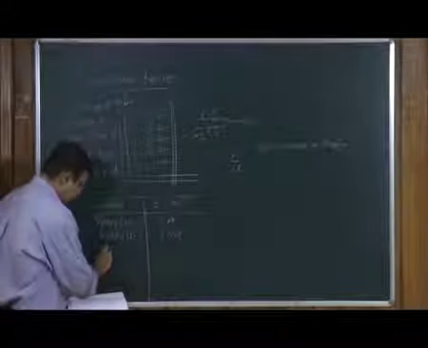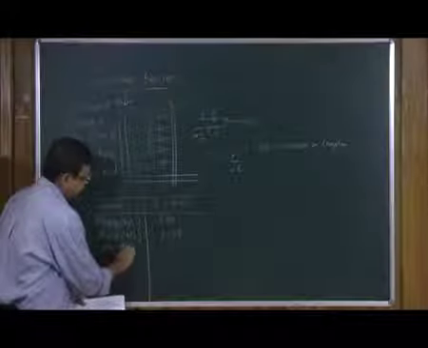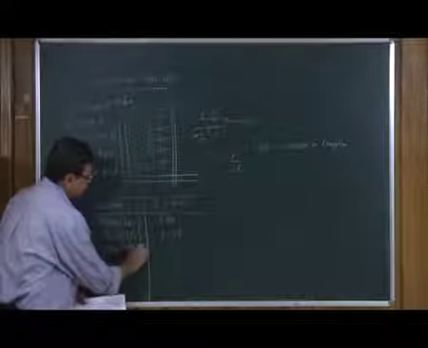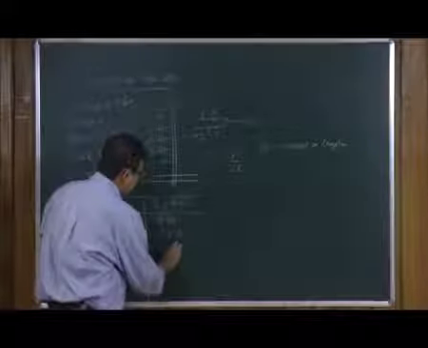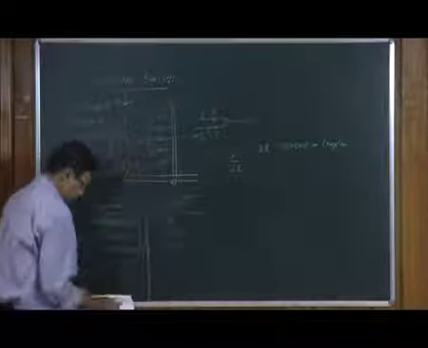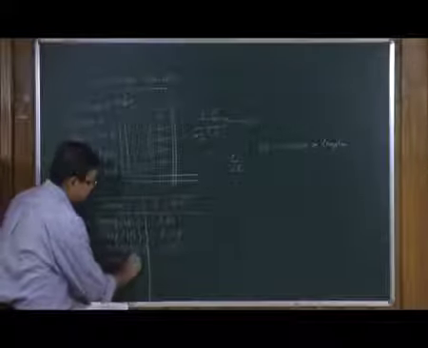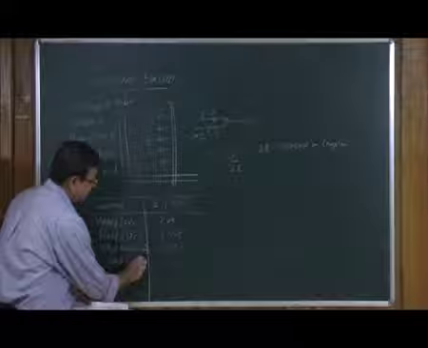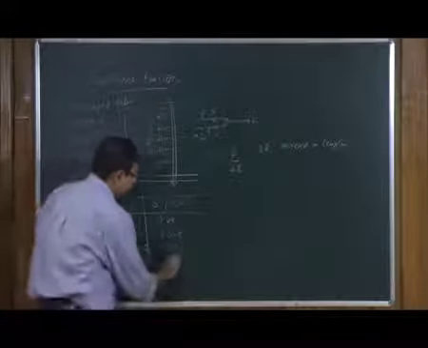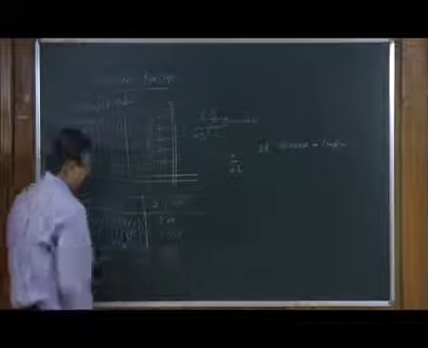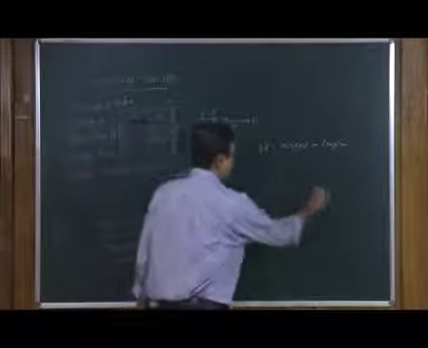And then ethyl alcohol, again at 20 degree centigrade, is equal to 0.023, and soap at 20 degree centigrade is equal to 0.025. Now, water, let me write it separately here.